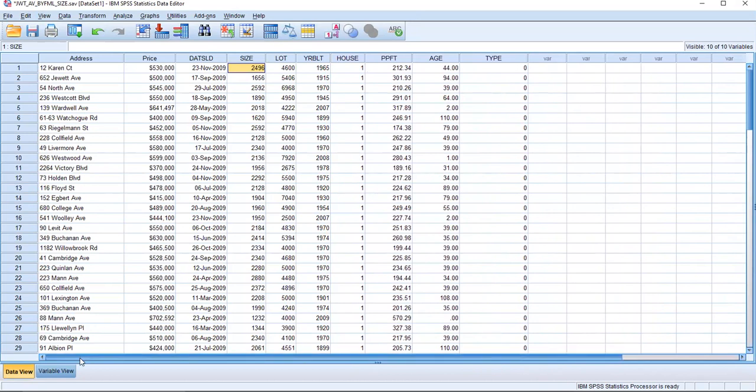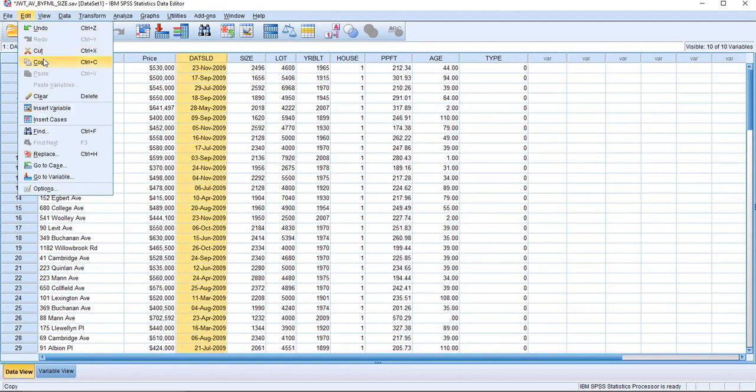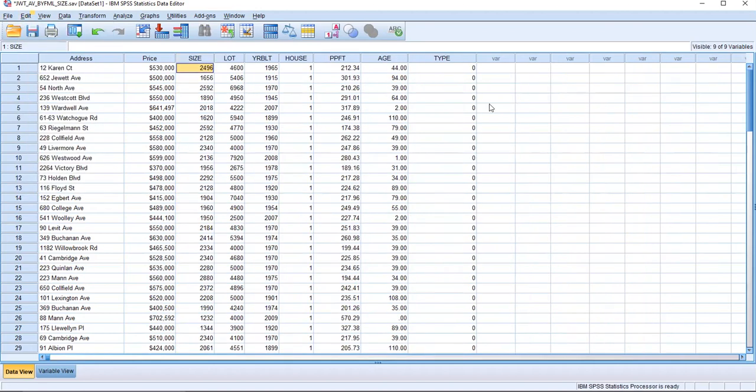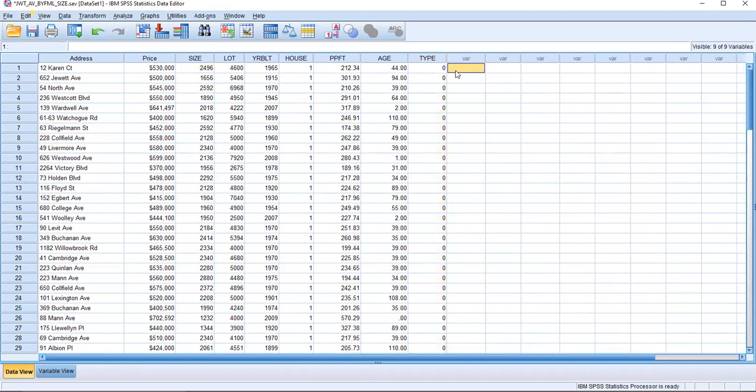What is the SPSS file about? I'm trying to take off things that you do not need. The SPSS file has data on houses.